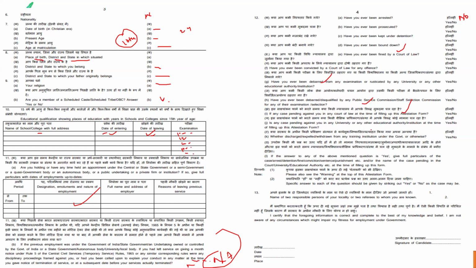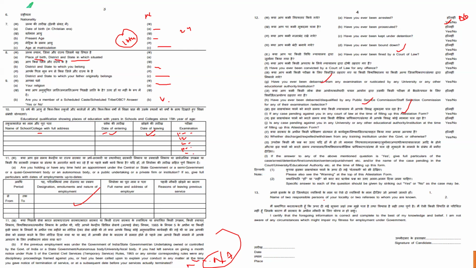So, if yes is there, then you have to strike no. If no is there, for example, have you ever been arrested? If your answer is no, then strike yes, and you can also write no, that is good.